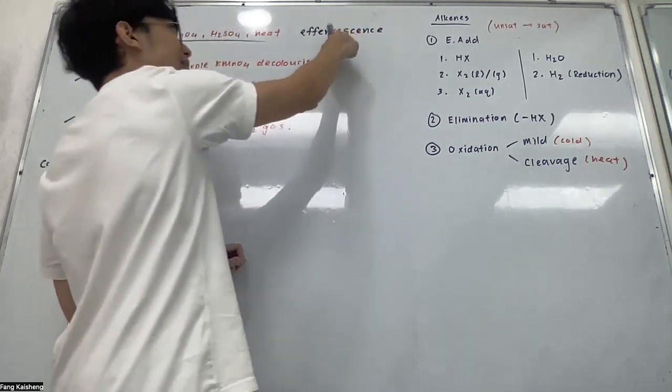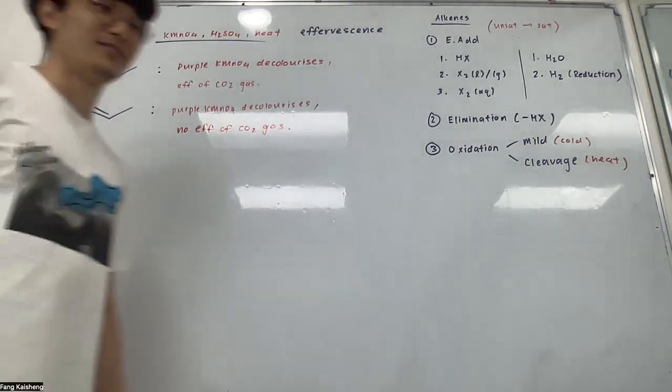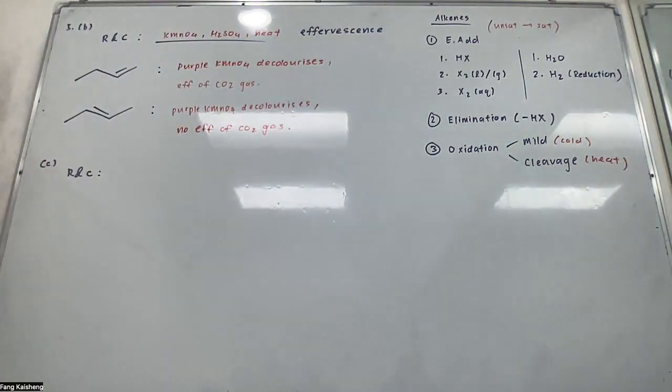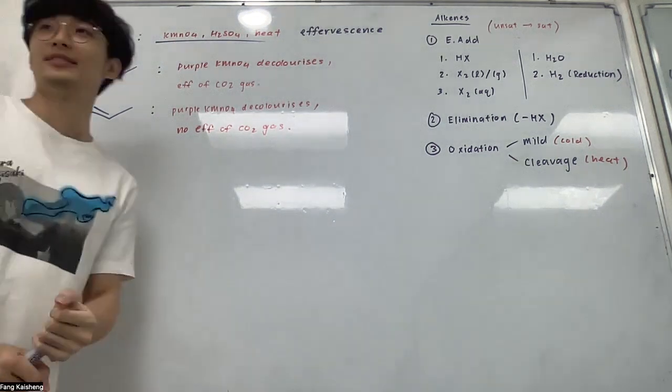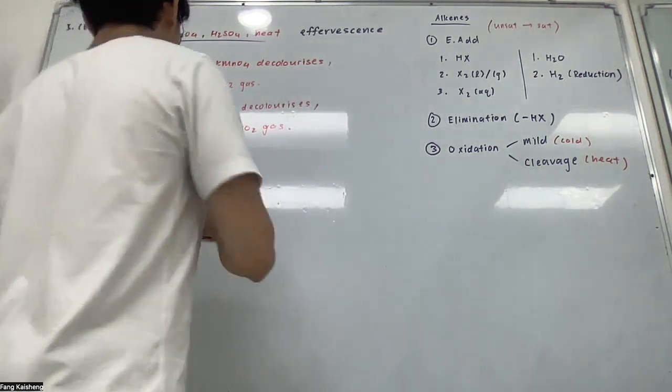There's no R here. I think last time I also got it wrong. Slowly draw that one. We learn how to draw compounds. Put it in here.